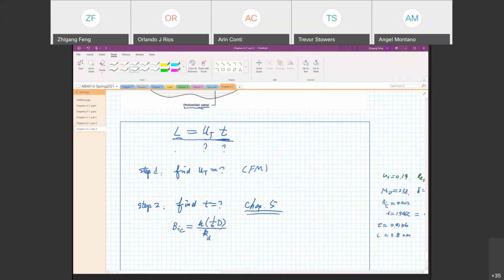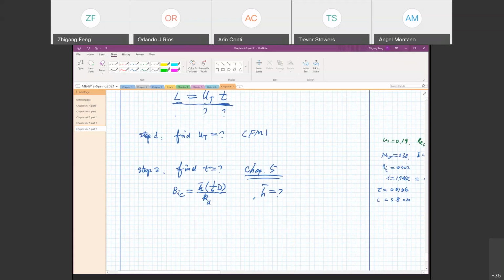And h is unknown. If we know h, then we can find the Biot number. We expect the Biot number to be very small because the droplet has a very small size. And for a small Biot number, we can use the lumped heat capacitance method. Theta over theta i equals e to the minus t over tau. That's the solution of the lumped heat capacitance method. LHC is its abbreviation.